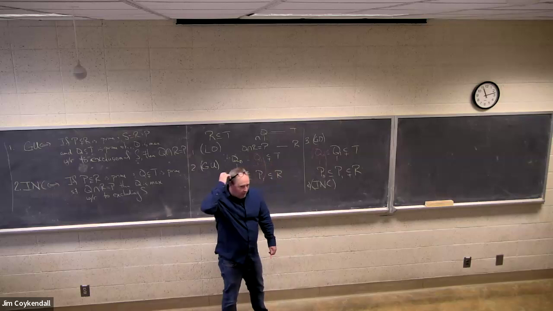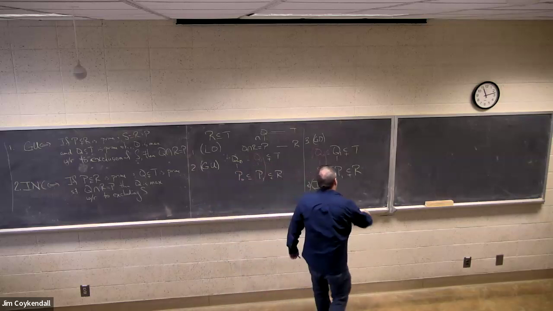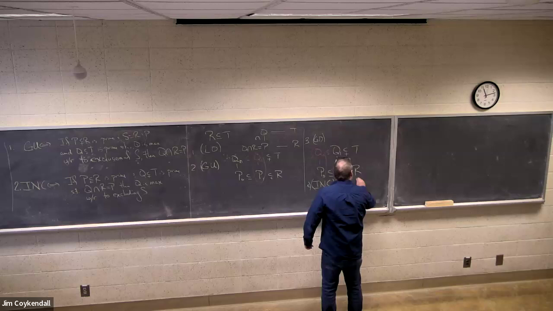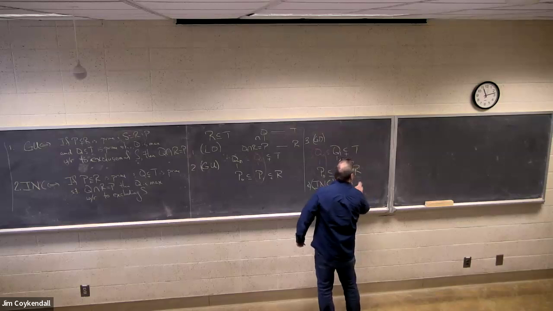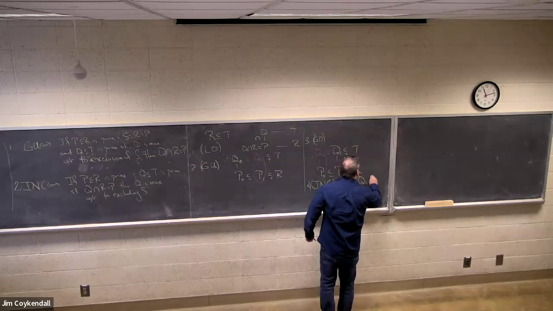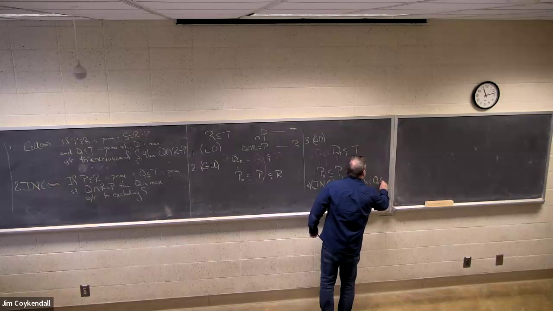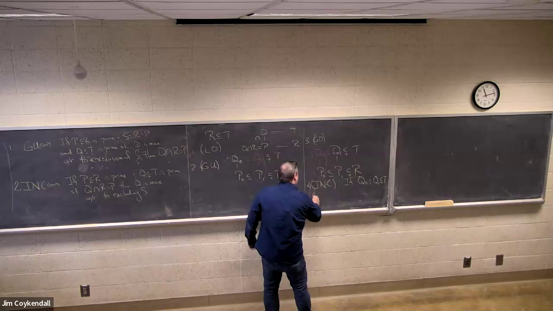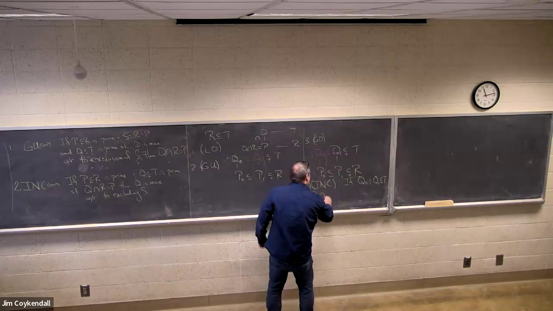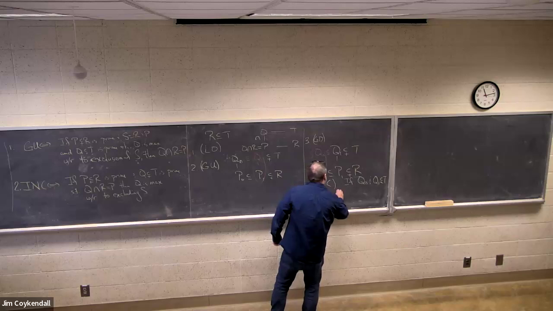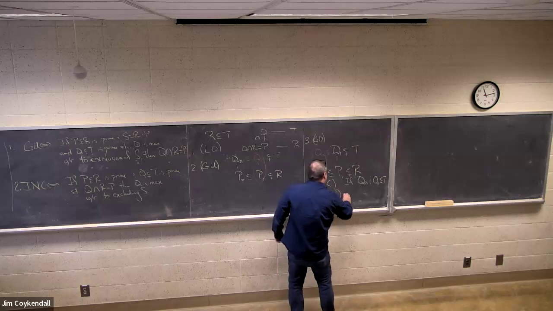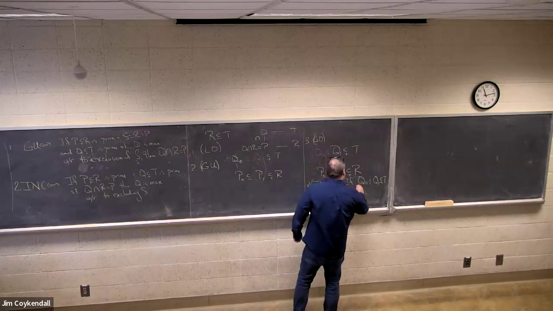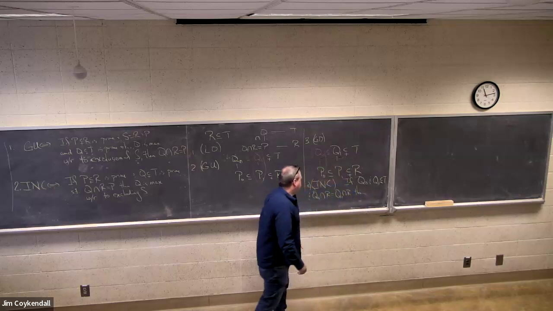The extension has incomparability if Q0 and Q1 are primes in T and Q0 intersect R is Q1 intersect R, then Q0 and Q1 are incomparable.